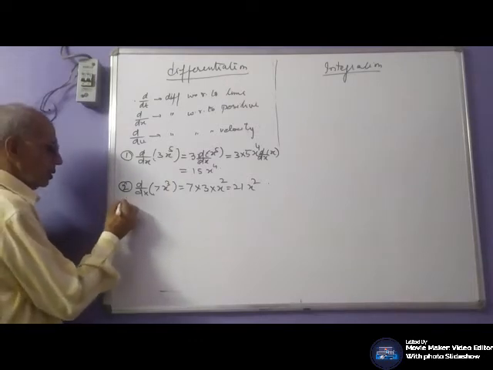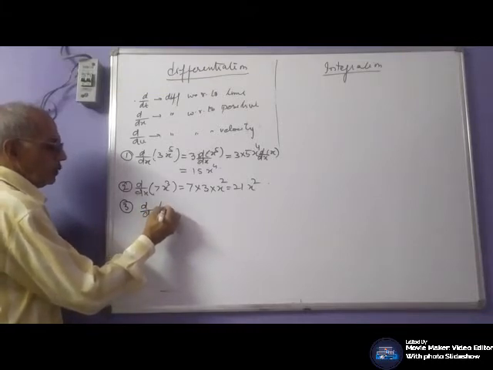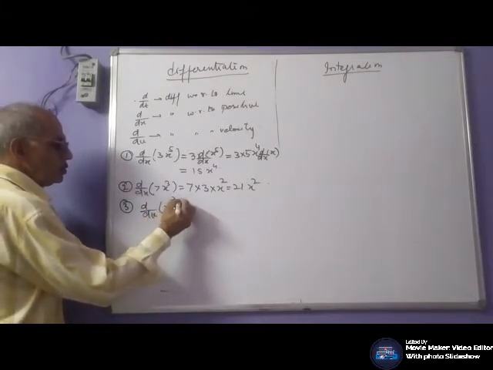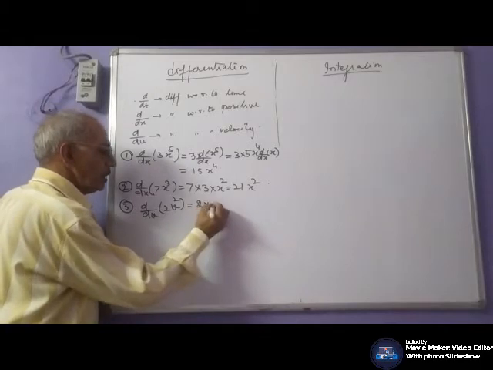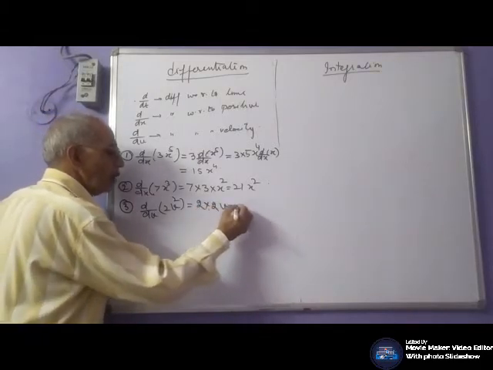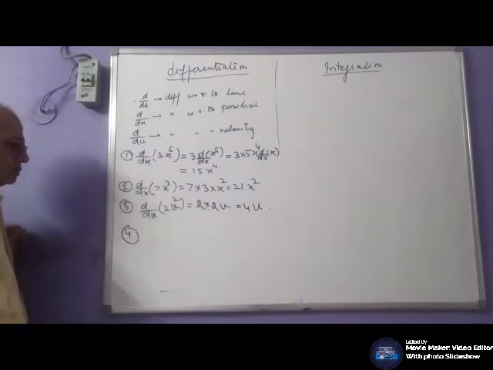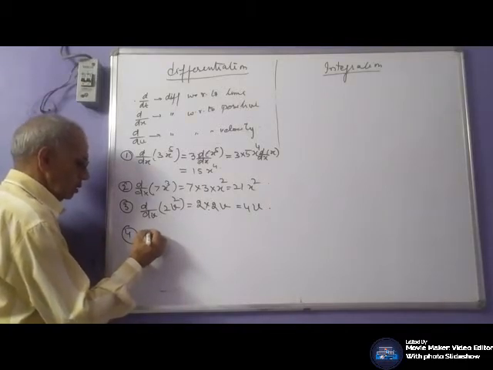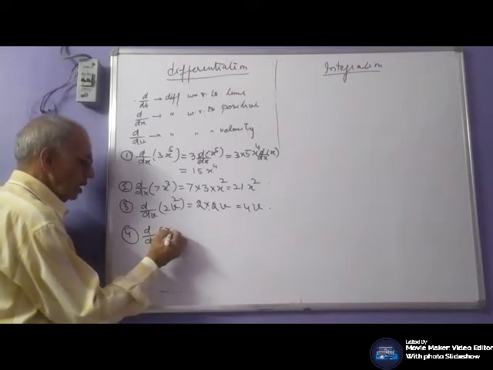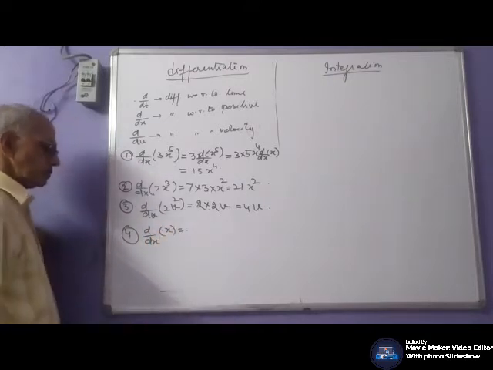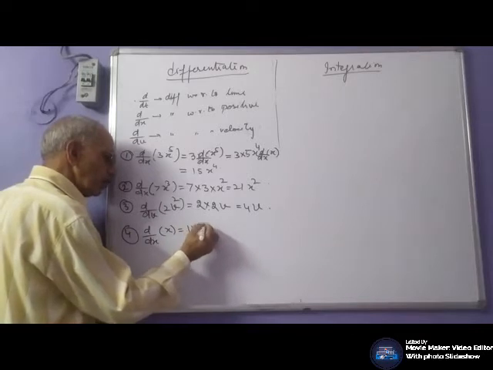This time I have written d by dv of 2v square: constant outside, take the power to the side, subtract 1 from the power. d by dx of x to the power 1: take the power to the side, subtract 1 from the power.